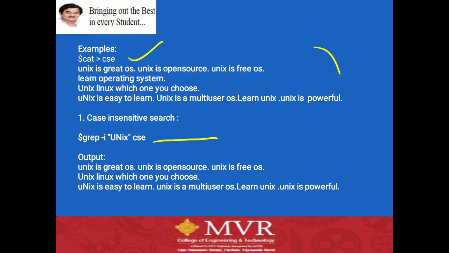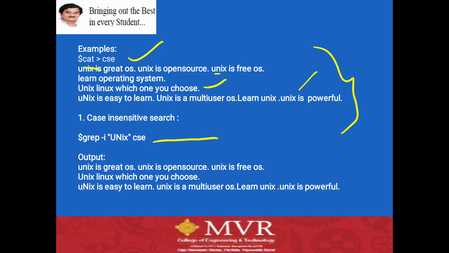If you observe the content here, we are ignoring the case. Therefore the first line has the word Unix, in two places. Second line, no, there is no Unix word available. Third line, yes, Unix is there. Fourth line, yes, Unix is there.